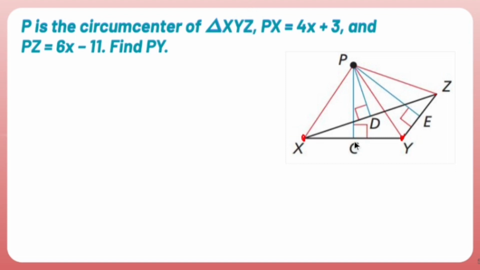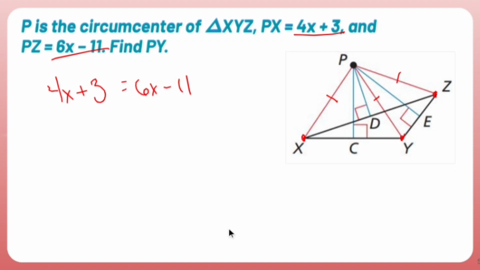The circle would look something like this. P is the center of that circle. So if P is the center of this invisible circle, that means P to X, P to Y, P to Z are all a radius of the circle, which means all of these red lines are the same. So PX is the same as PZ. So if PX is the same as PZ, then 4x plus 3 is equal to 6x minus 11.